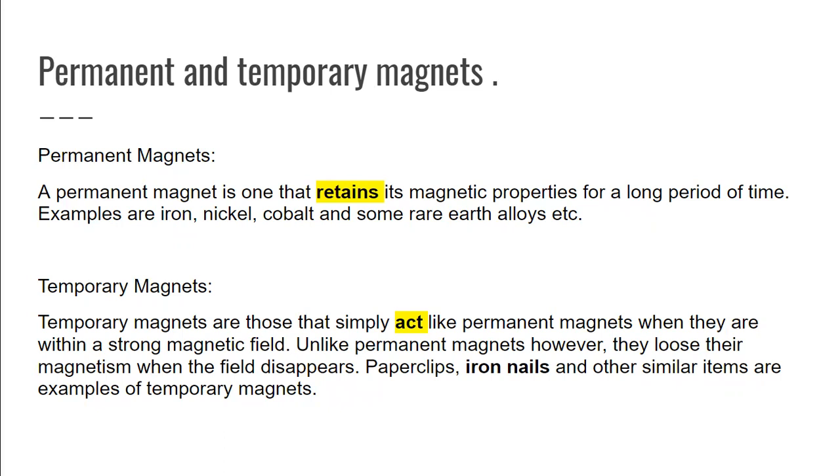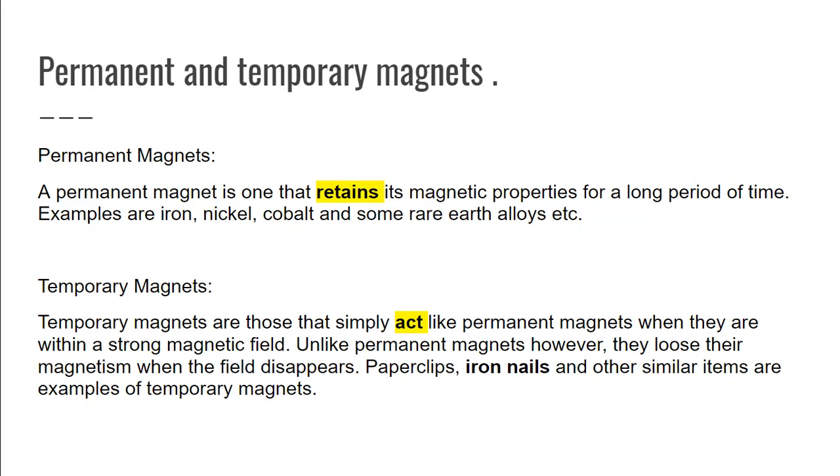When I keep any item near a permanent magnet, it will also behave like a magnet. But the moment I remove the magnet, these substances which were earlier behaving like temporary magnets will lose their magnetism.